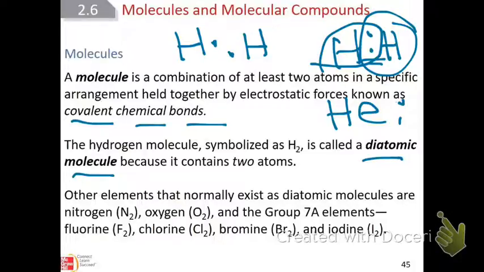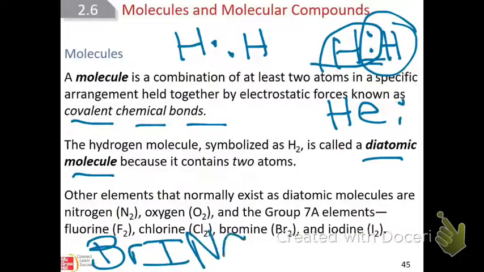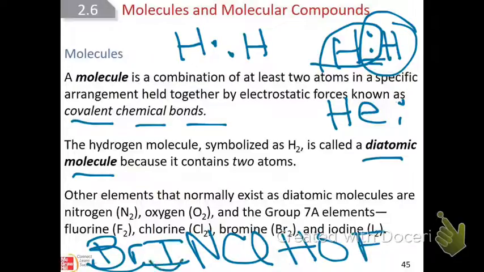And as elementary as it may sound, the way that I remember this is from an old college professor who once told me about a German family called the Brinkelhoffs. They had 7 sets of twins, and their last name was Brinkelhoff. And these are them right there: bromine, iodine, nitrogen, chlorine, hydrogen, oxygen, and fluorine.